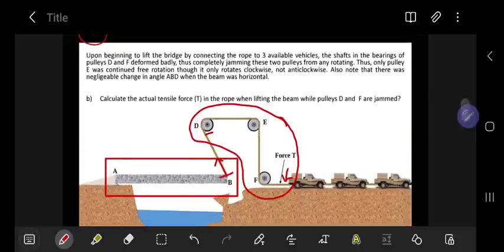If we start by going through the question, you observe that it says the bearings in the pulleys D and F, so this is D and this is F, were deformed badly, thus causing jamming. When the two pulleys were jammed, it means these two pulleys stopped rotating, implying that they will now develop some form of friction as the rope passes there.